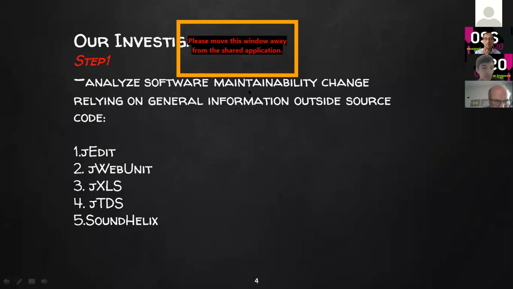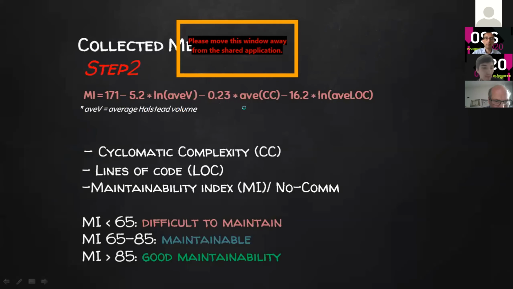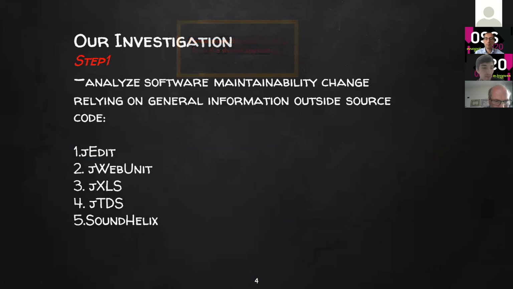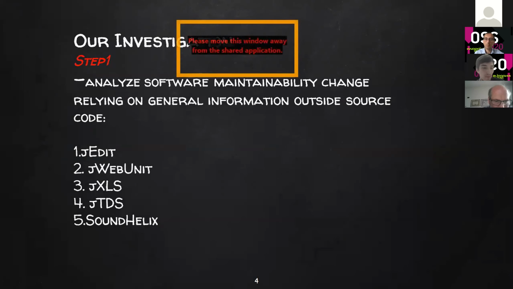Having said that, let's start with our investigation. The first step is the general one: the analysis of software maintainability change, relying on general information outside source code. For this purpose, we used five open source projects: JEdit, JWebUnit, JXLS, JDTS, and Helix. But for this presentation, we are giving results only for the JEdit project.